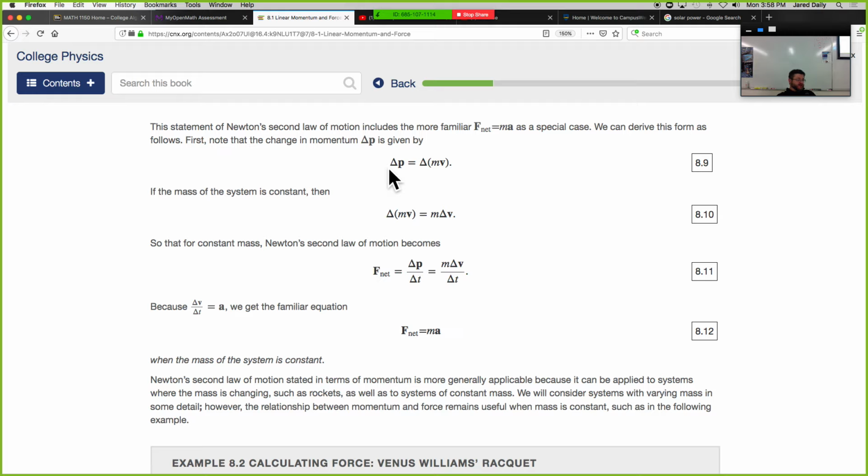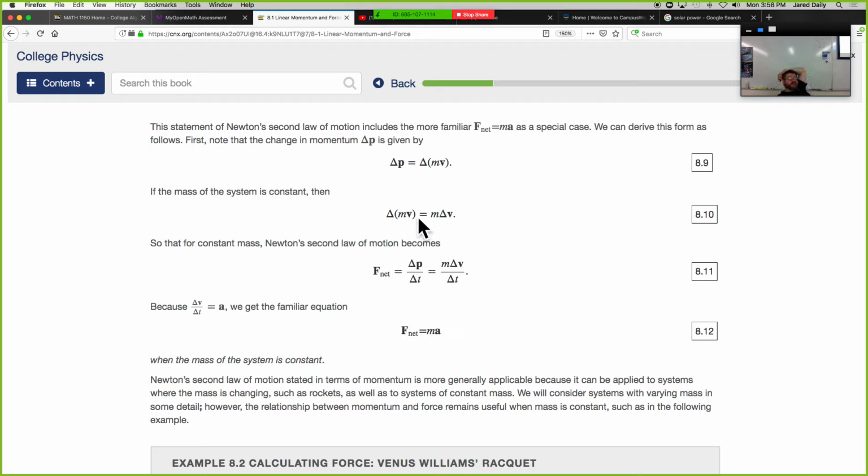But if your momentum changes, so that you're going slow and you go faster, or you're going fast and you go slower, or you're not going anywhere at all and you start moving, whatever it is, that means you're going to have a change in your mass times your velocity. Well, of course, most people don't change their mass that quickly, right? It can be done, but it doesn't happen that often. Since the mass is considered to be a constant in many situations, we don't worry about the changing mass, we just worry about the changing velocity.